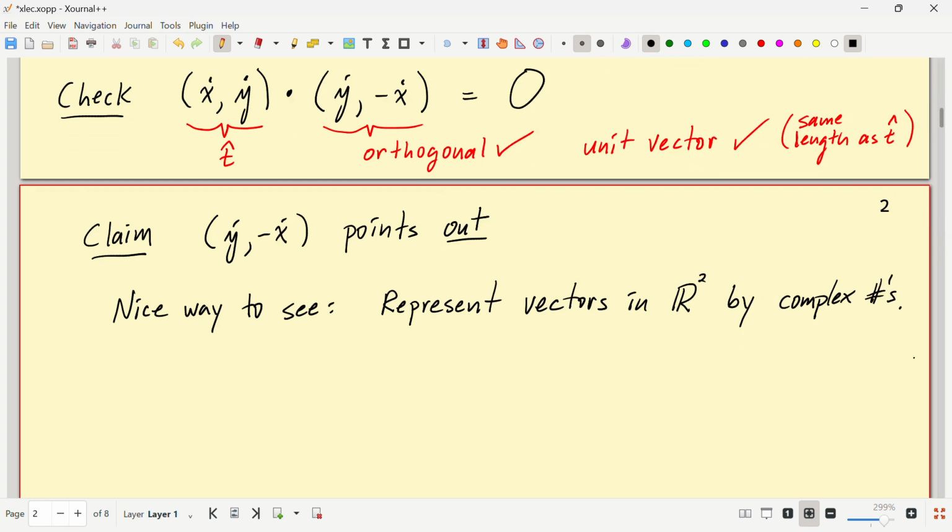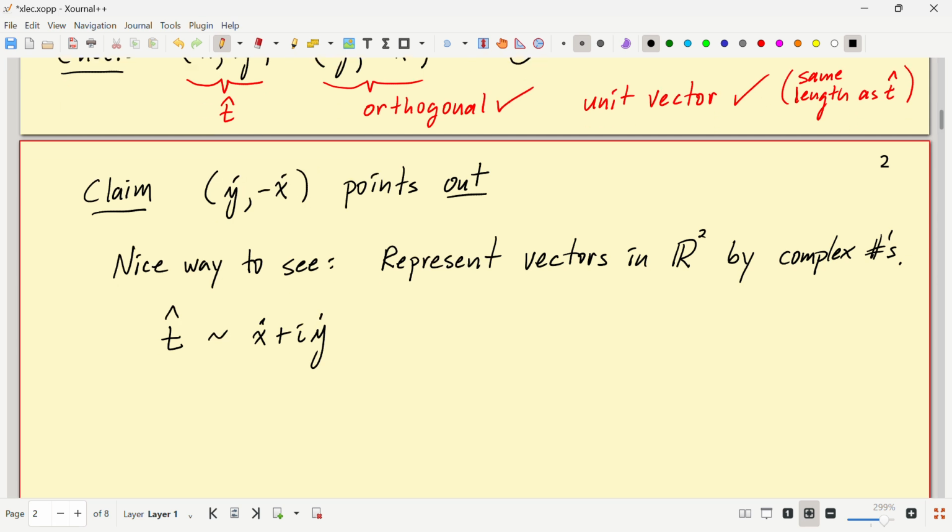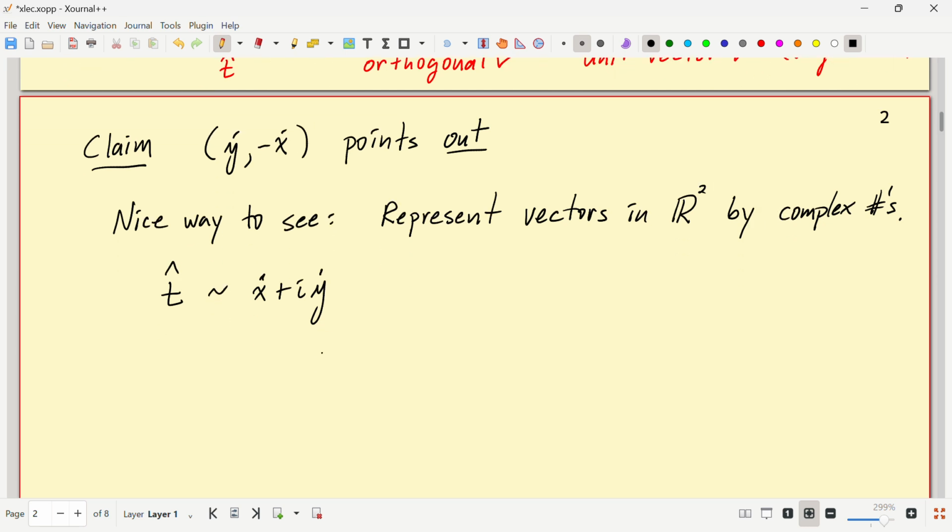So my tangent vector is going to be represented by x dot plus i y dot. And now my normal vector, remember, I rotated my tangent vector pi over 2 in the clockwise direction.